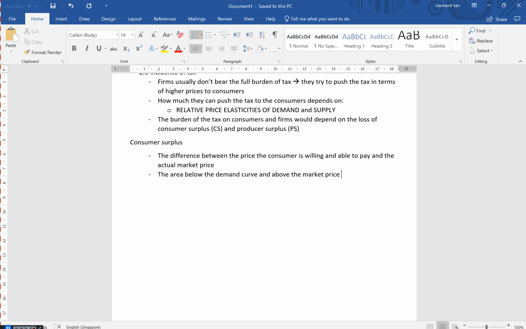Okay, next. What is the producer surplus? Same thing again. It's the difference between the price the producer is willing and able to sell at and the actual market price.